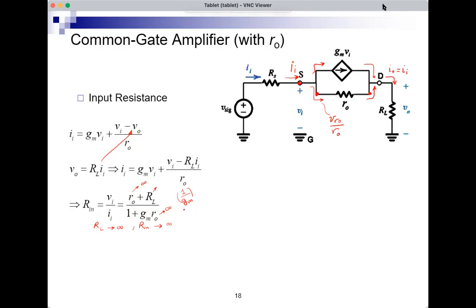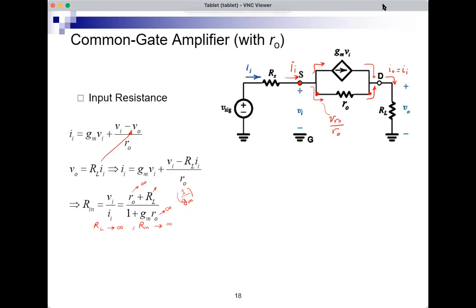And therefore, the input resistance can become quite large. The statement we said, that the input resistance of common gate is relatively small, will no longer be accurate. The input resistance is small for a common gate only when RO is very, very large. If RO is considered and RL is very, very large, so as RL goes to infinity, the input resistance would go to infinity also.